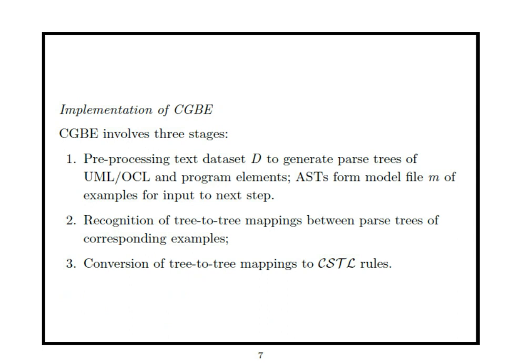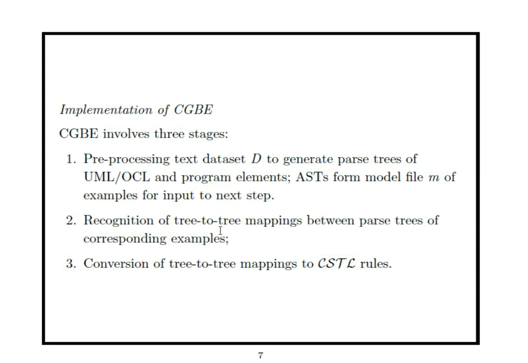Now this involves three stages. First of all, we start off with a text data set. That text data set needs to be converted into abstract syntax trees, because we're going to learn rules based on the parse tree structure of the source and target text. So we end up, from the data set of text, we end up with a data set that's in terms of abstract syntax trees.